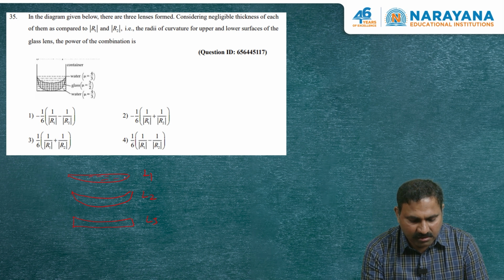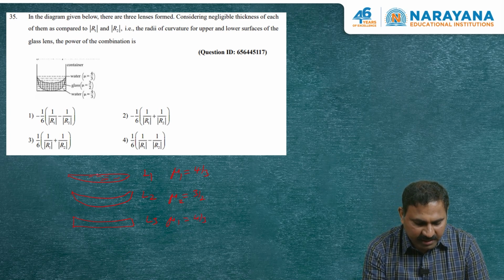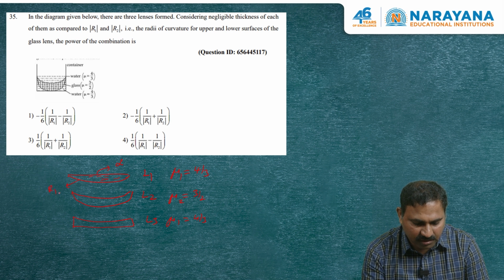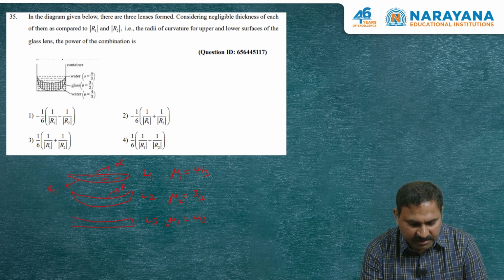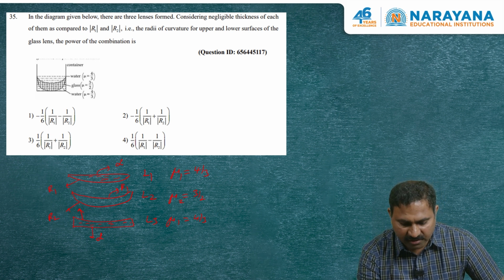It is a liquid lens of refractive index 4 by 3. It is a glass lens of refractive index 3 by 2. It is again a liquid lens of refractive index 4 by 3. The radius of curvature of this is infinity, and of this is R1. Similarly for this it is R1, for this it is R2, this is also R2, this is again infinity, this is also a liquid lens. So he is asking for the effective power of the system.